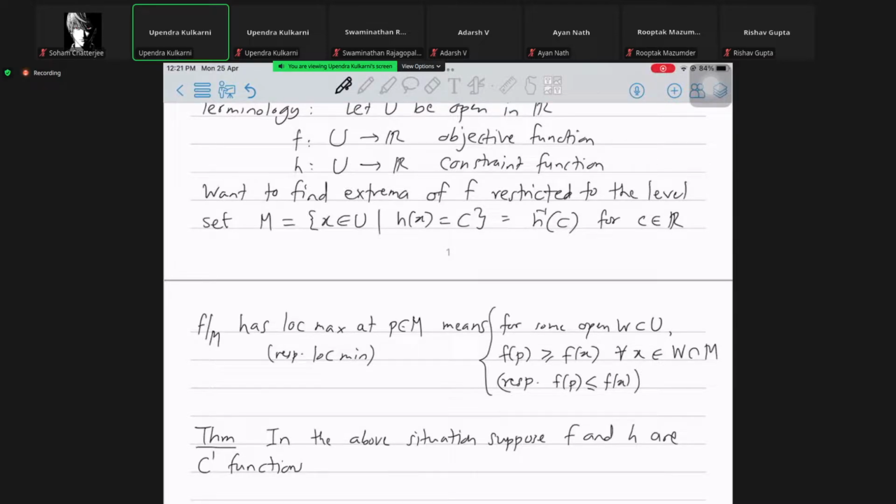Why do we need them to be C1? We will see. C1 functions from U to R. And as usual, M is the inverse image of c.